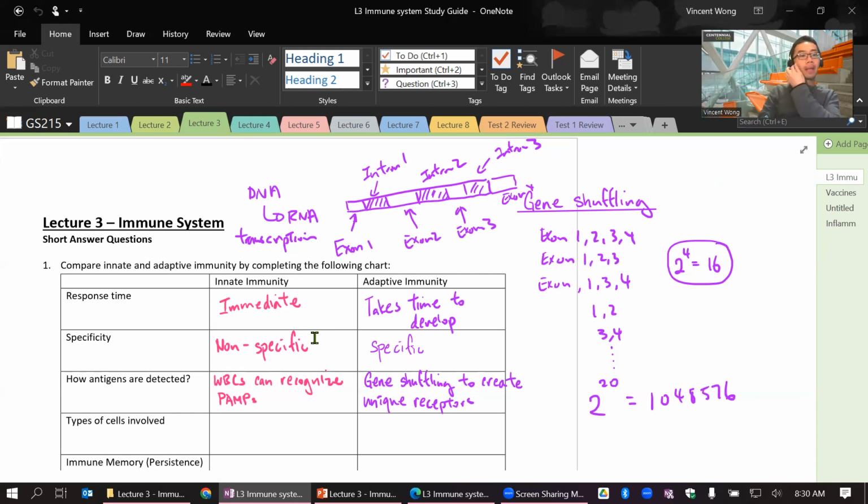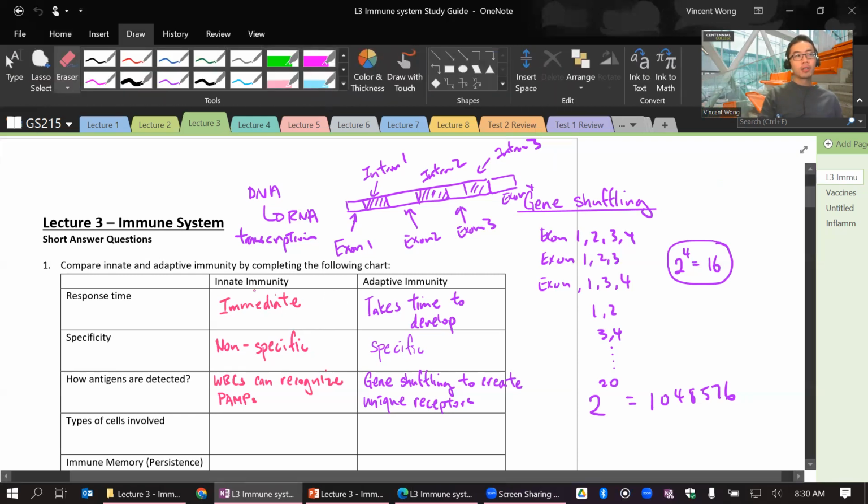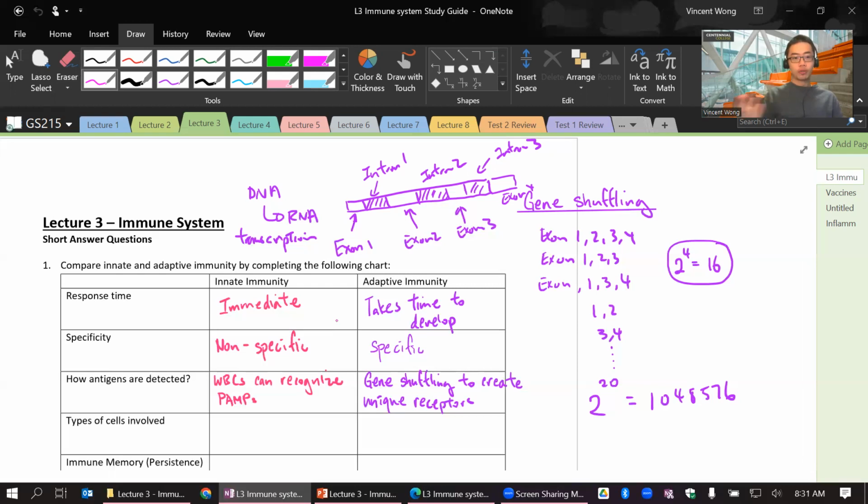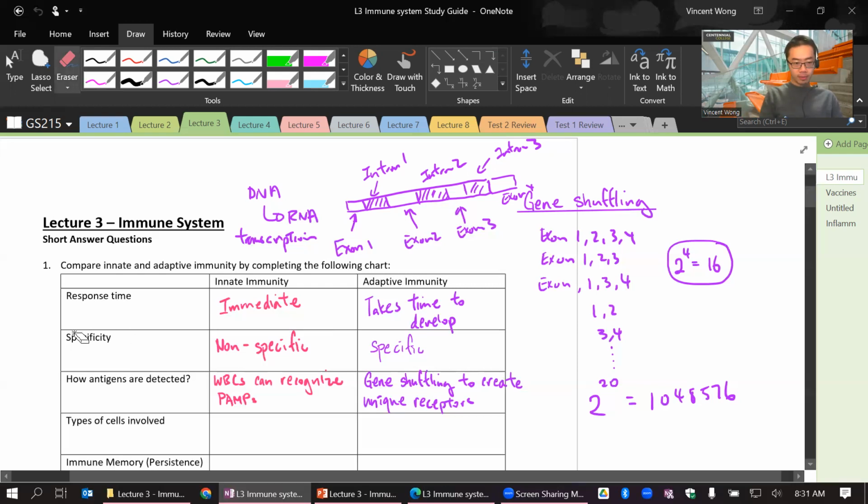And so the response time is going to be immediate. They are constantly fighting pathogens that have gained their way into your system, but these are not strategies designed to fight off a particular pathogen. They are broad-spectrum strategies that work in a general sense. So that's why in terms of specificity, we put non-specific here.